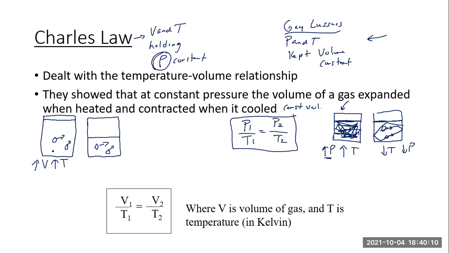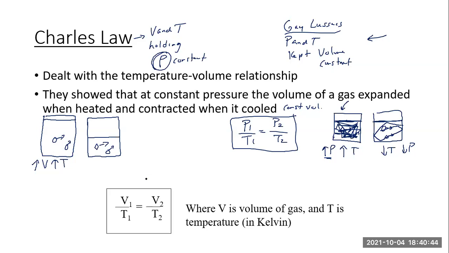So even though they're flying around faster, we adjust the volume to give them a lot more room to fly around in. That ultimately keeps the number of collisions relatively constant, and we will see the pressure remaining relatively constant. So in Charles' law situation, the volume adjusts to allow the number of collisions to remain constant and thus the pressure constant.